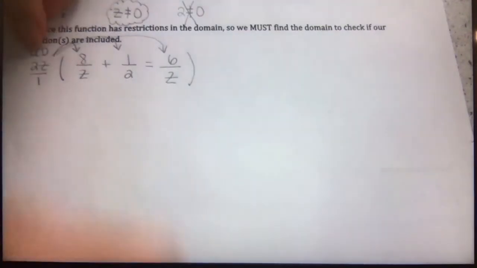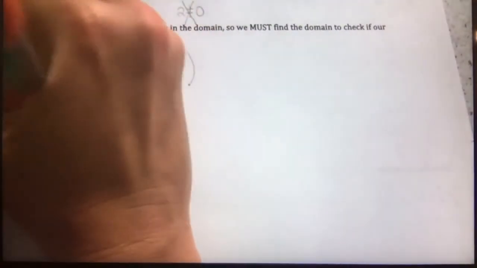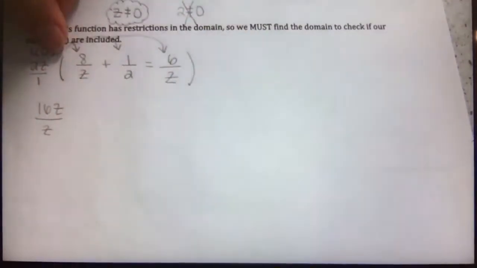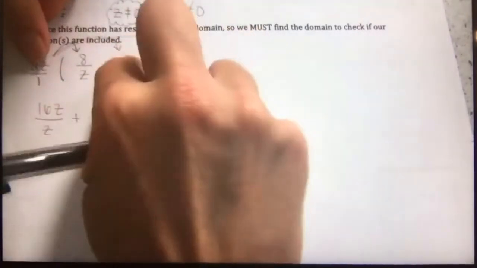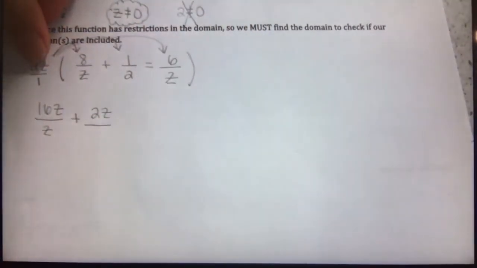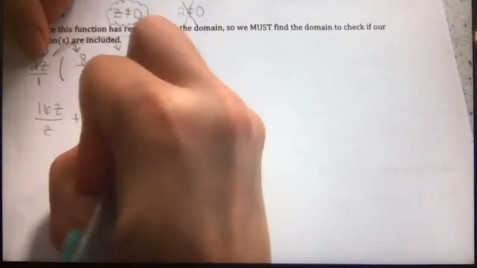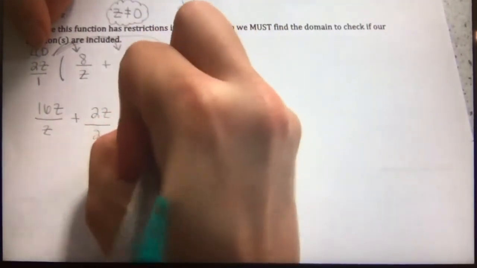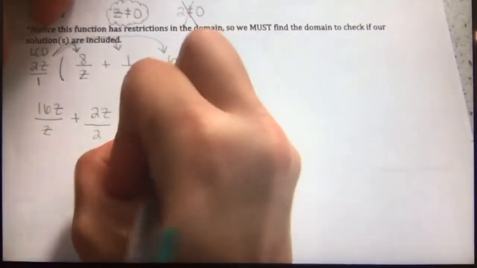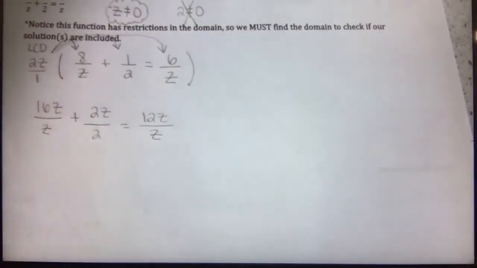So 2z times 8, 16z, all over 1 times z, z, plus 2z times 1, which is 2z, all over 1 times 2, 2, equals 2z times 6, 12z, all over 1 times z, which is z.